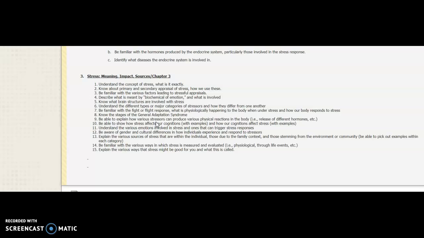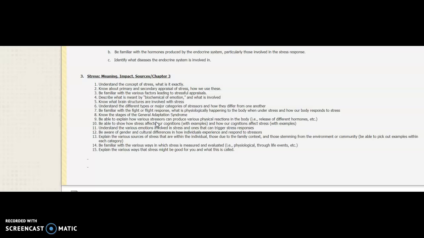So then we're going to get into a little more detail looking at the body's response to stress using the fight or flight response. Some of you have already learned about this in biology. It's physiologically what's happening to the body when we're under stress. We'll also be looking at the general adaptation syndrome, which is basically just a model for understanding what happens as we're going through stress.